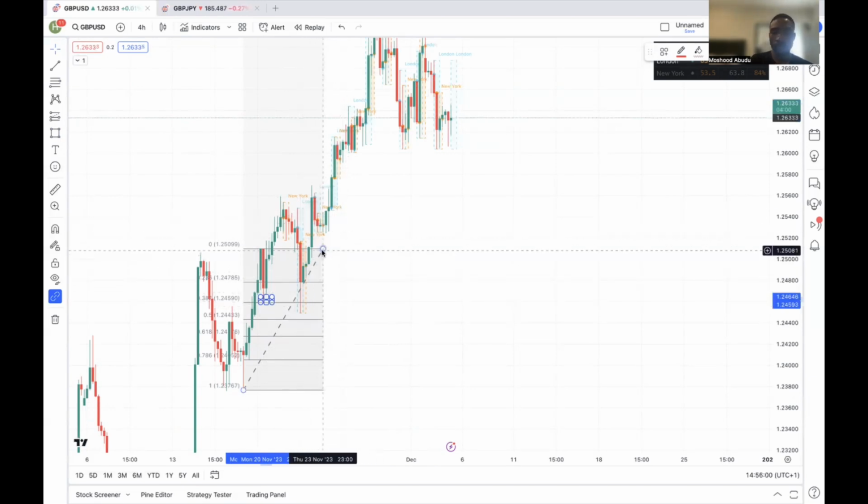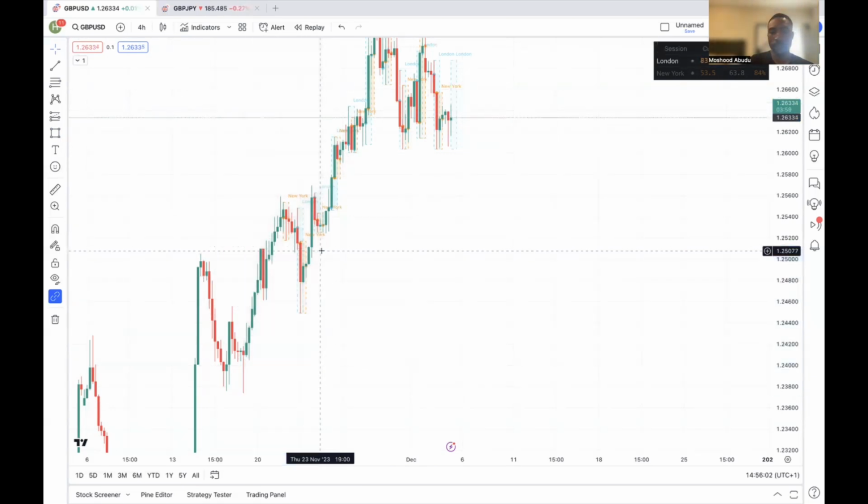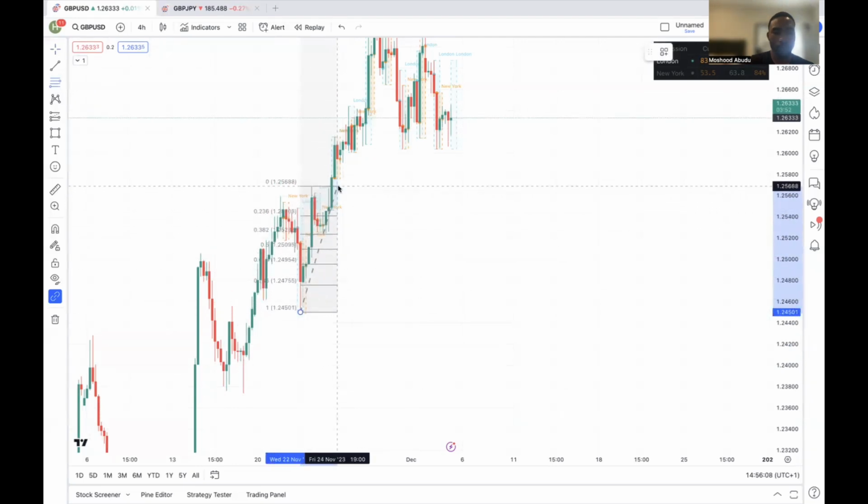So let's do the same thing by simply starting from the low to the high. It's giving us very nice signals to trade right here, because number one, we didn't just have Fibonacci, we also have continuation of the trend.